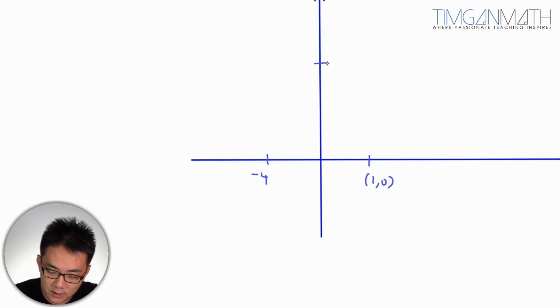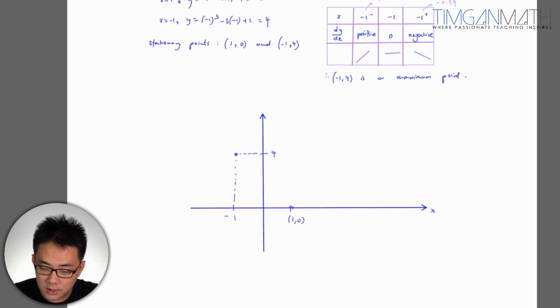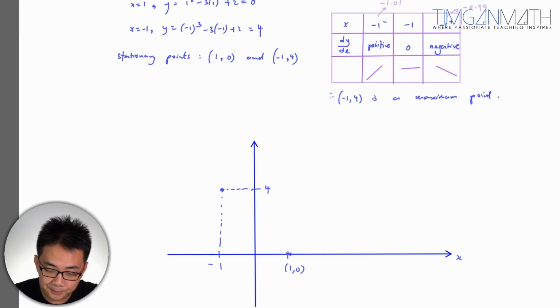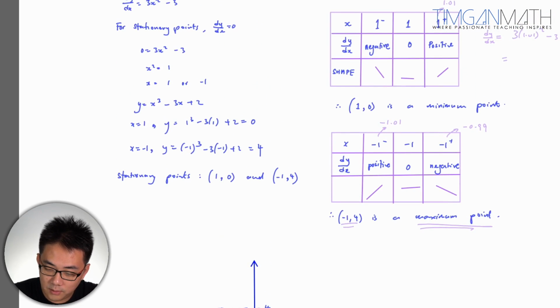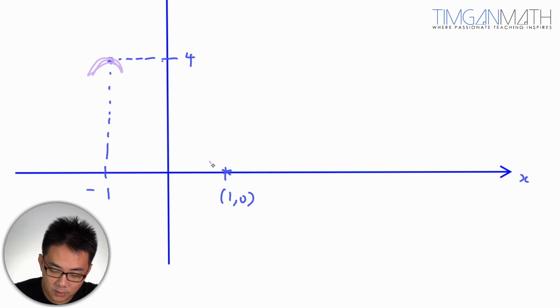These two points are important. These are stationary points, so draw out the stationary points first. This is a maximum point here, and this point is a minimum point.